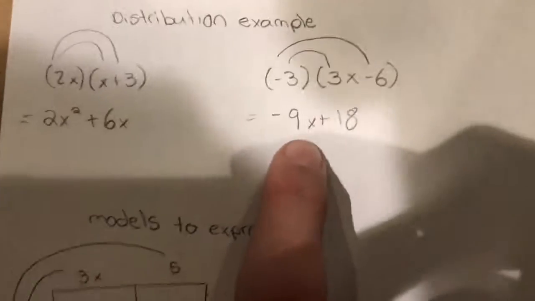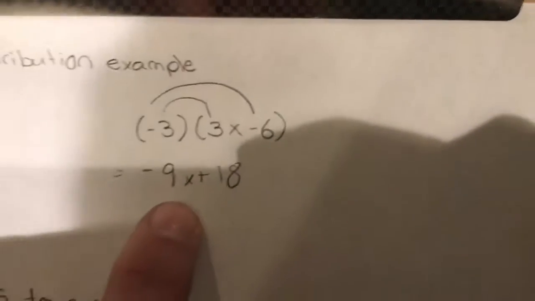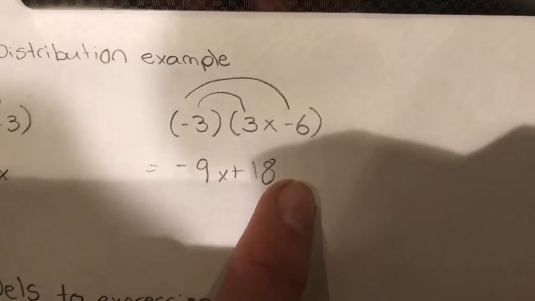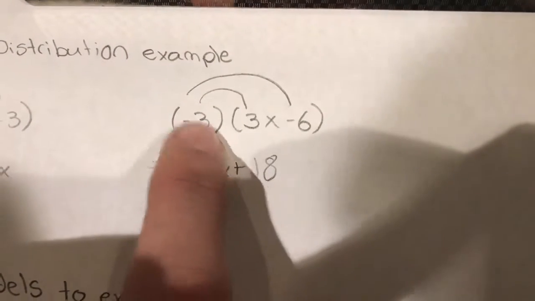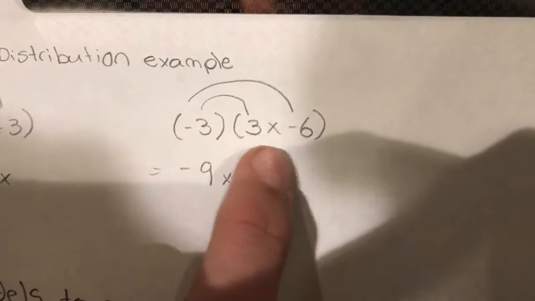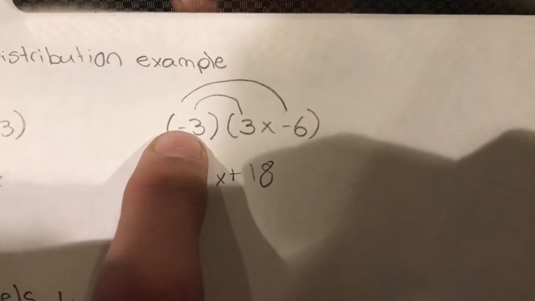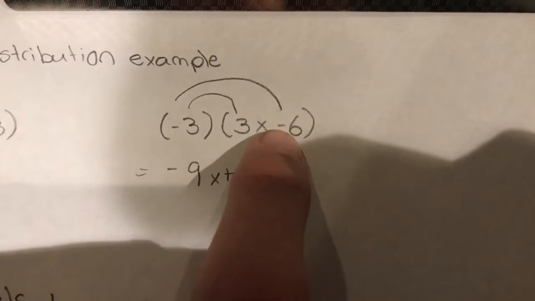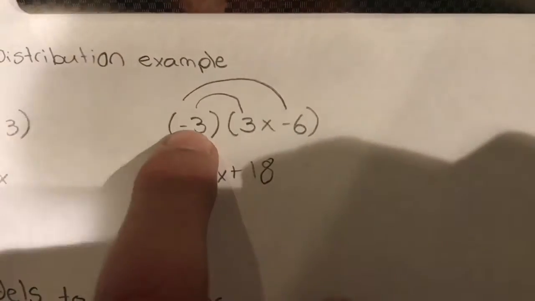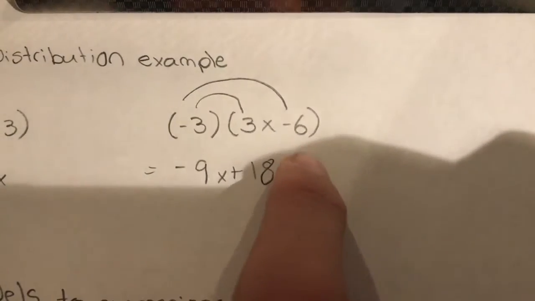In the next example, we have negative 3 times 3x minus 6. We do negative 3 times 3x, which is negative 9x. And a negative times a negative is a positive, so we do 3 times 6, which is 18.